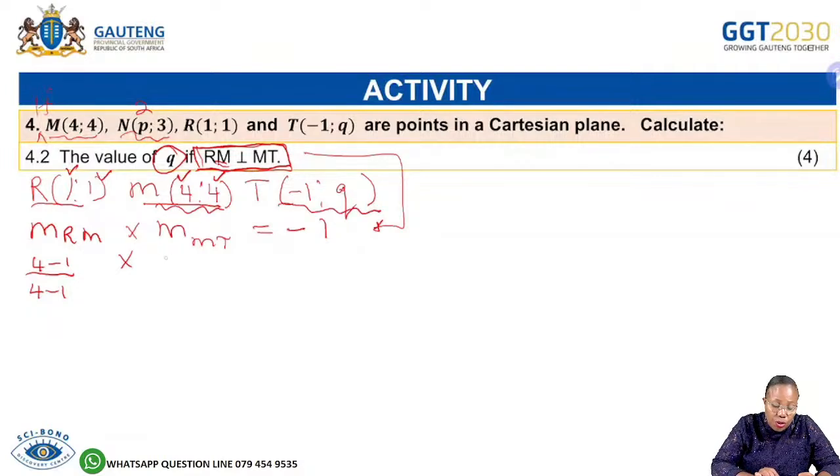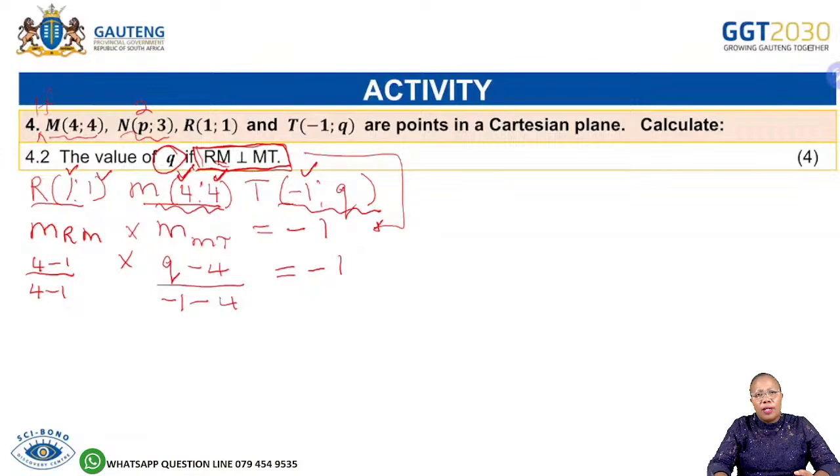The y2 is Q minus y1, which is 4, over x1, which is minus 1, minus the x2, which is 4. And then this is still equal to negative 1, grade 12. That is your starting point. The substitution part must be perfect. Can you see now after substituting you have only one unknown, which is Q.